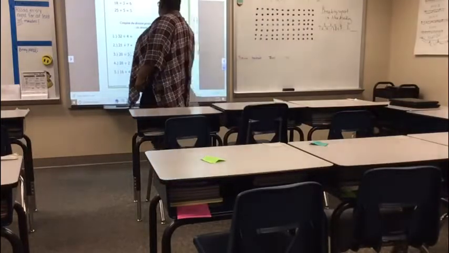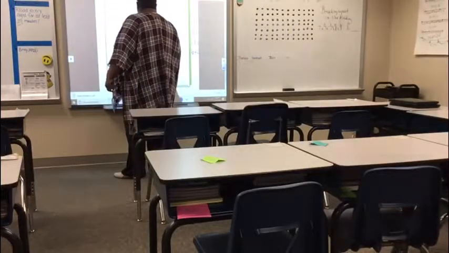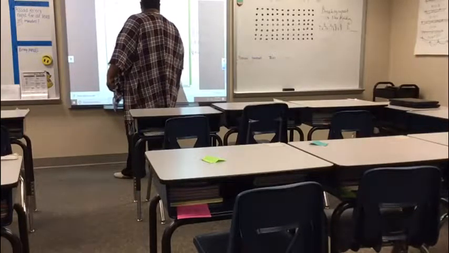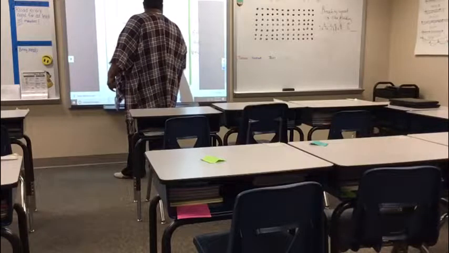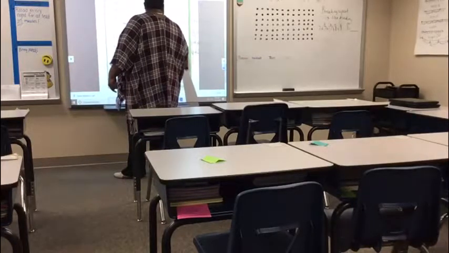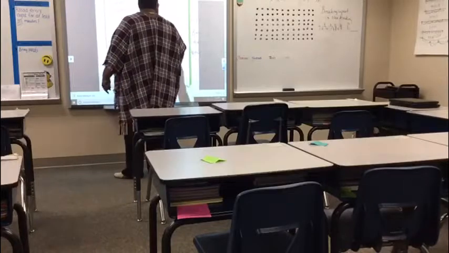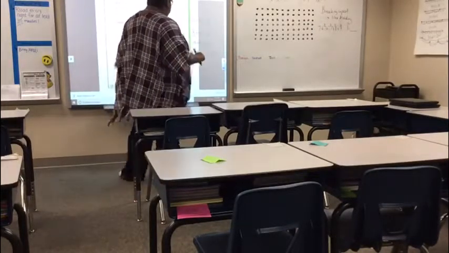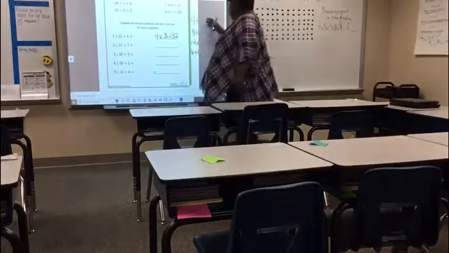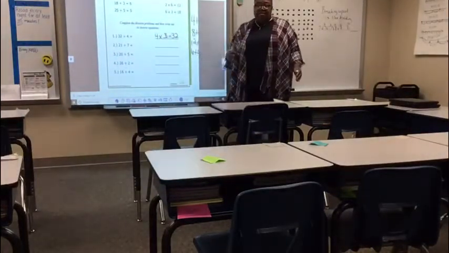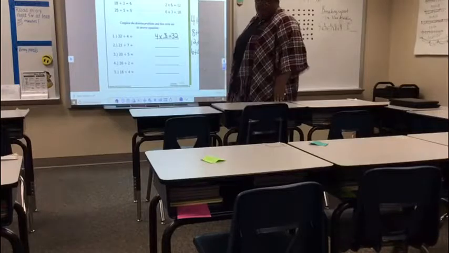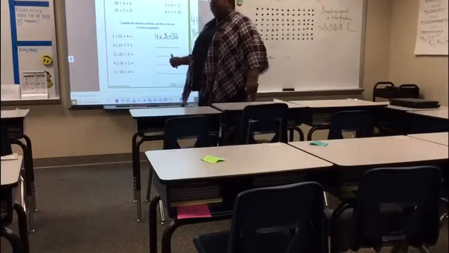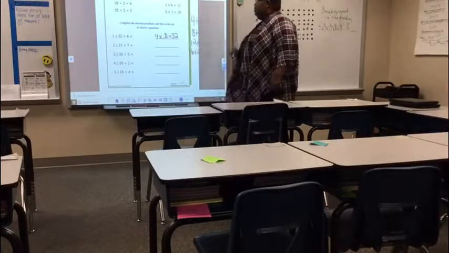So the inverse of this would be 4 times blank equals 32, which we know is 8. So these are some strategies that we can do if you have a hard time, or you can just look at your number line and you just come up with the opposite. Great job. Continue.